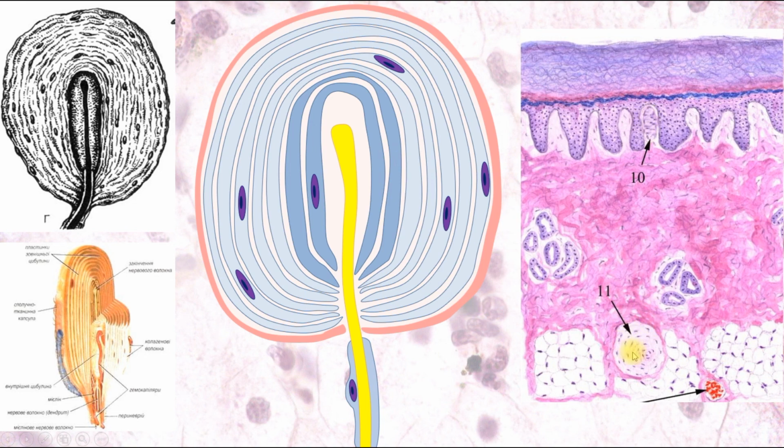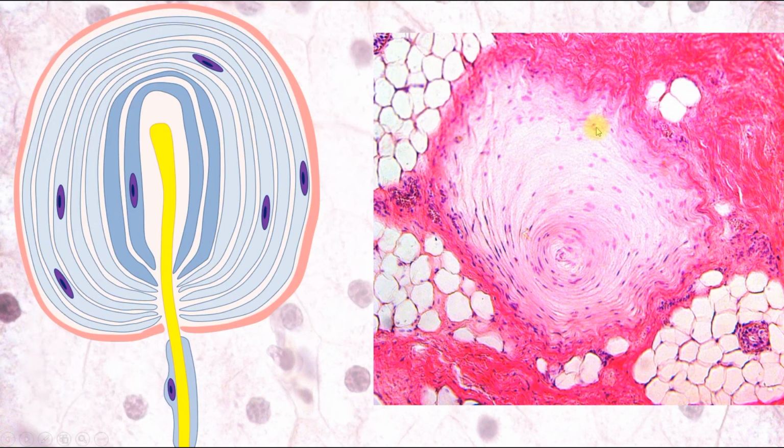Meissner's bodies and Pacinian corpuscles react to touch, and also they react to tension, pressure, and vibration. So they, together with free nerve endings and Merkel's cells, provide the sensory function of skin.